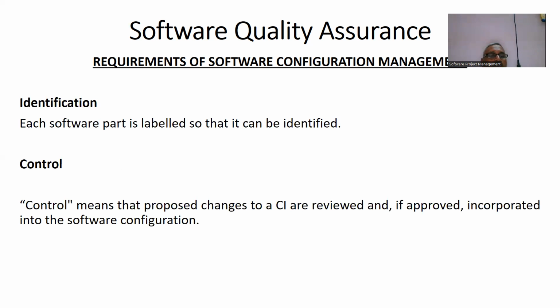The goal is to make an informed decision and to acknowledge the repercussions associated with the changes to the system. These changes may impact budget, schedule, and associated changes to other components.